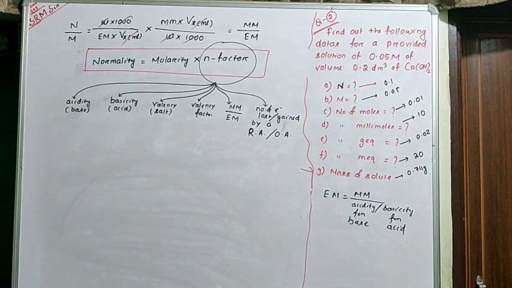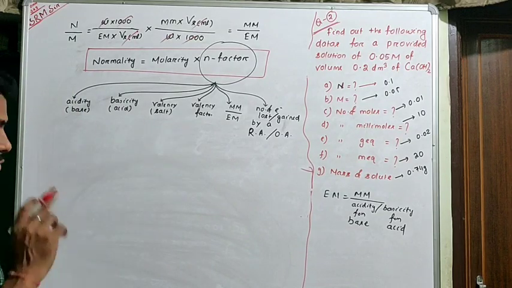Lost means oxidation process. So the n factor can be all these things. Now on this basis I am solving the question.